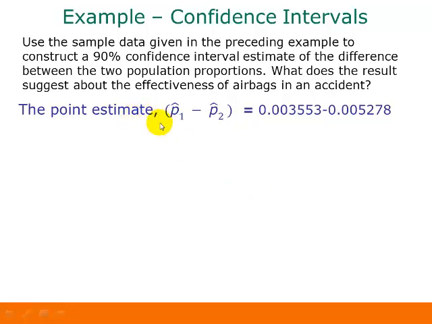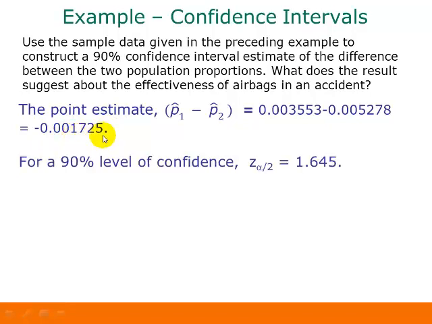So our point estimate is the difference between our two sample proportions. So that is just subtracting our two sample proportions. So our point estimate is negative 0.001725. And we want to have a 90% confidence level.